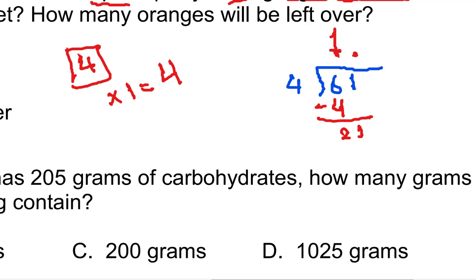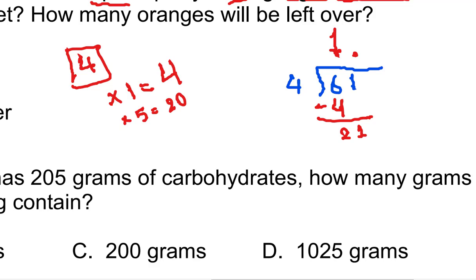What number times 4 equals 21 or less? I think 20, which is 4 times 5.